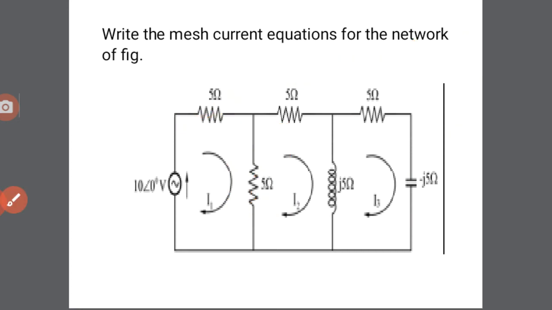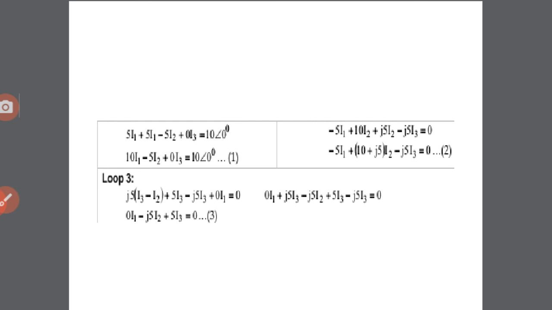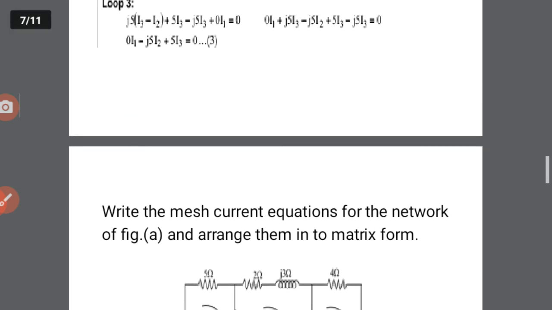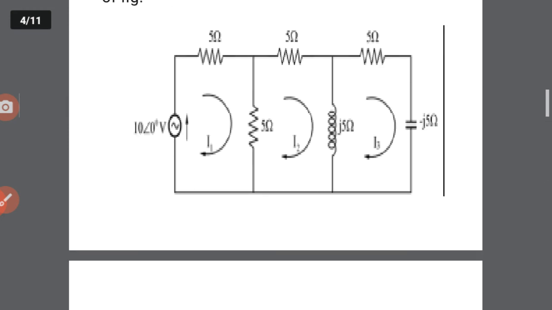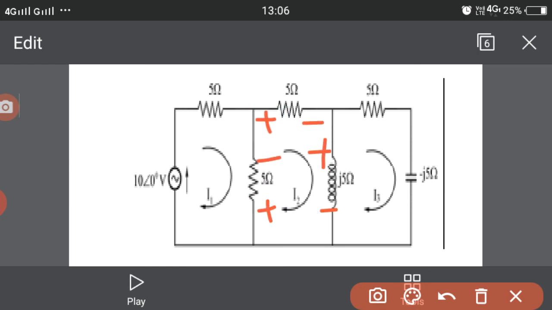In the same way, go for the next two equations, that is loop 2. Again J5 into I1 minus I2. Next for the second equation, for loop 2, again the current direction is plus minus, again plus and minus. Minus 5 into I2. In this J5 ohm, two currents enter, I2 current and I3 current.